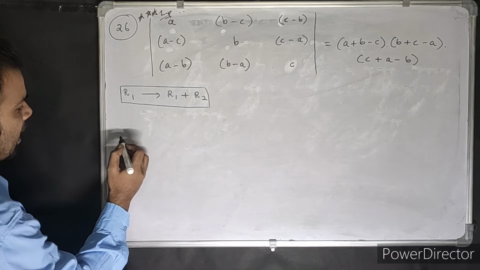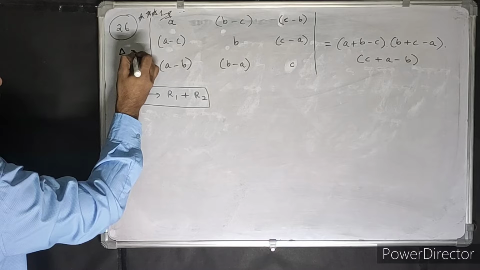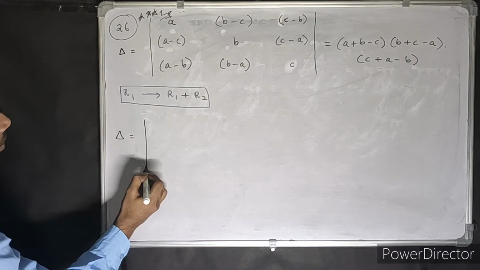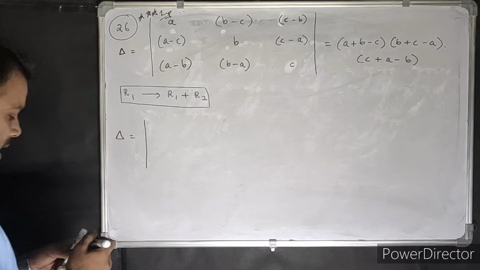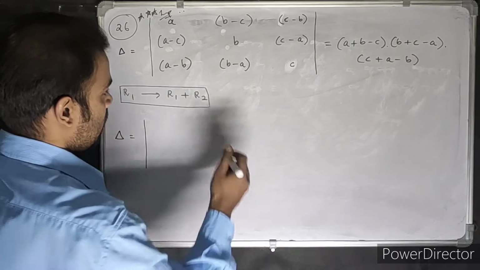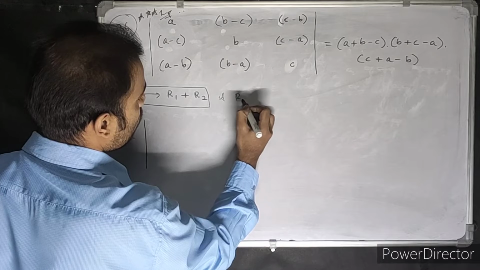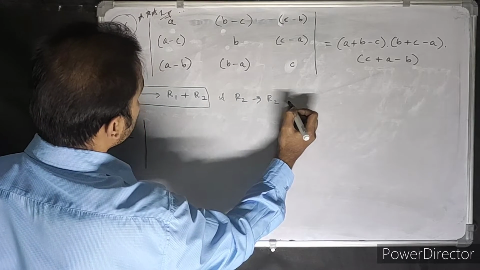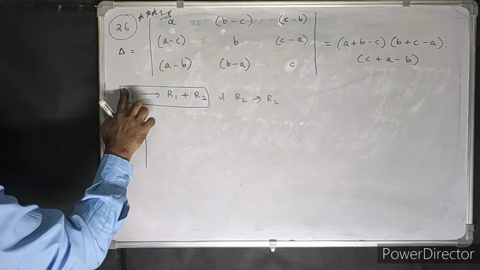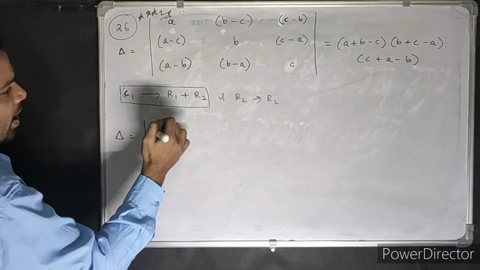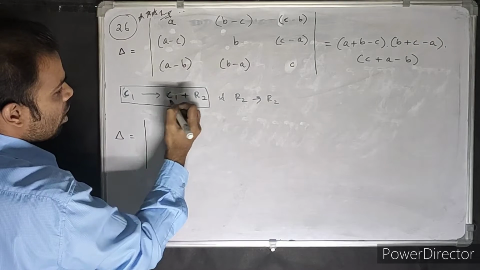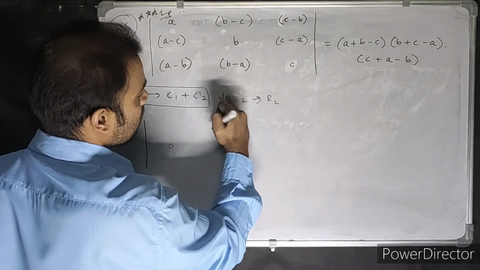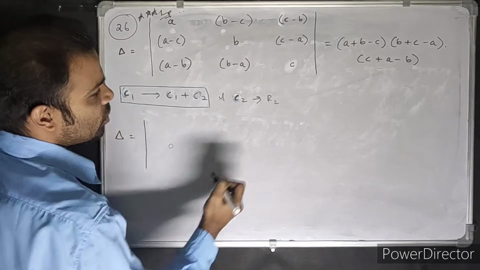So the determinant now becomes what? One more operation you have to do: column 1 tends to column 1 plus column 2.